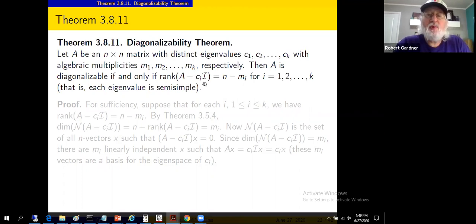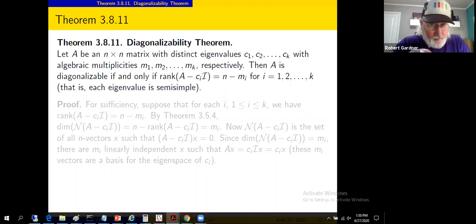And this isn't a surprising matrix to consider. The determinant of A minus c sub i times I yields the characteristic polynomial, and that's where the c sub i's come from. So you're looking at A minus c, where you've evaluated c at c sub i, a known eigenvalue of the matrix.